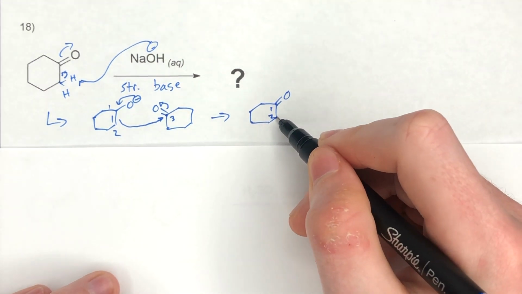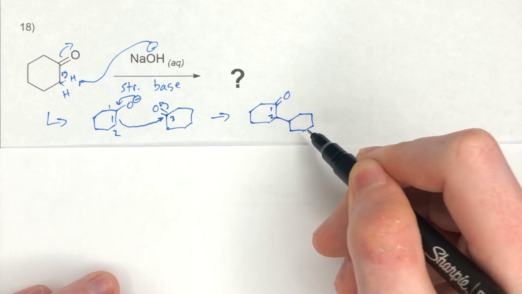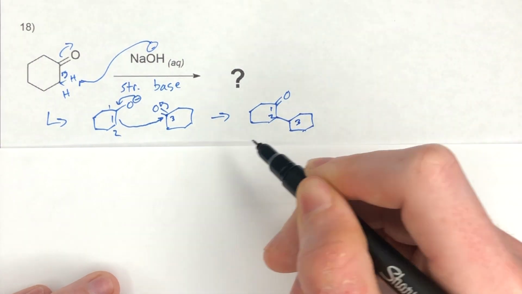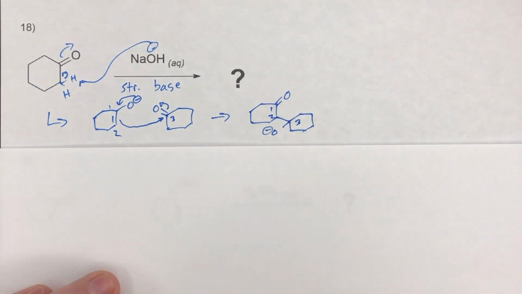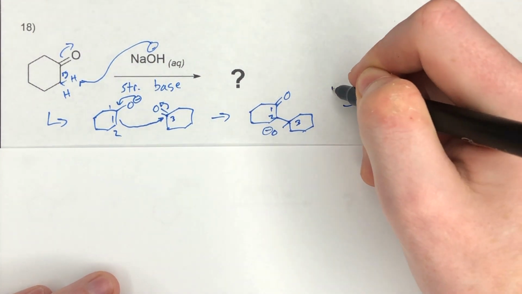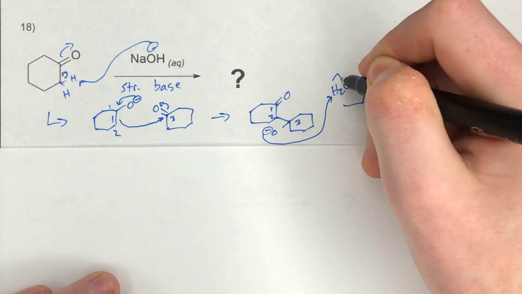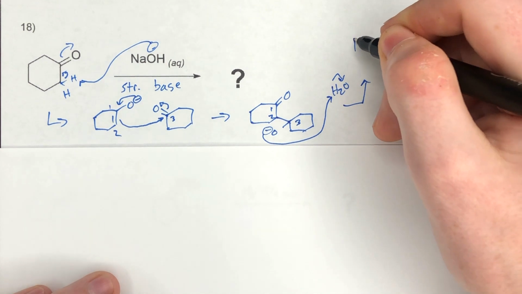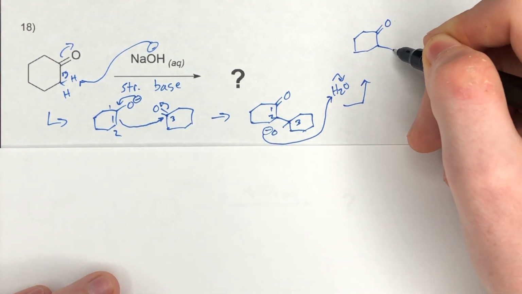Carbon 2 is now bound to carbon 3, which is directly the cyclic structure here, but 3 is also bound to the oxygen, which will become the OH because we produced water when we deprotonated the alpha position. So this yields this final structure.